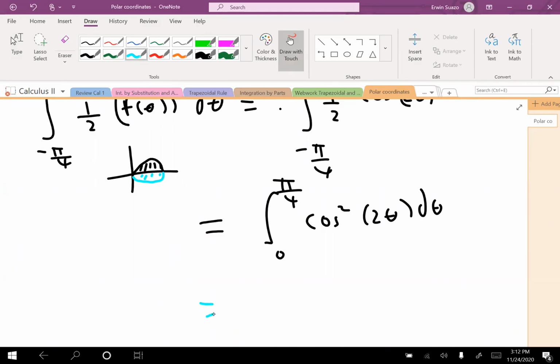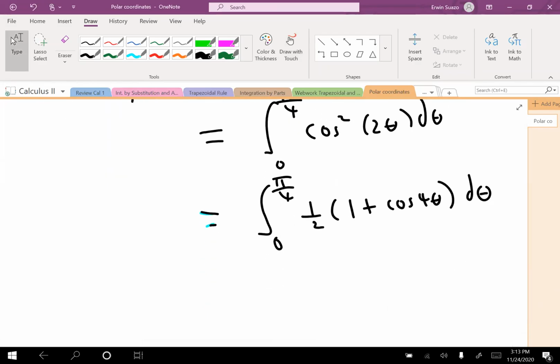You'll change this guy to the integral between 0 and pi fourths, and the cosine square of 2 theta can be written like 1/2 of 1 plus cosine of 4 theta d theta.